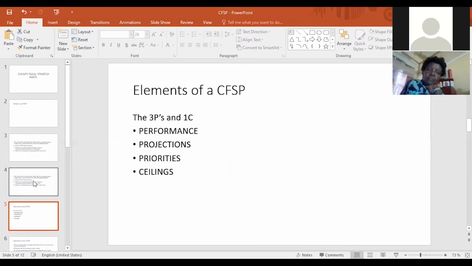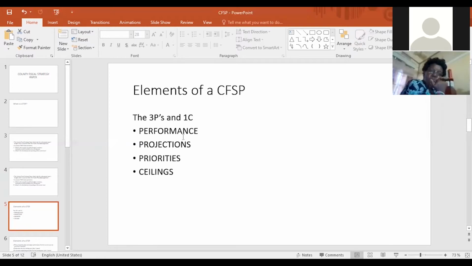So there are elements of a county fiscal strategy paper. These are things that the county fiscal strategy paper should have. They are called the 3 Ps and 1 C. So it should highlight performance, so that we can know how the county performed in the previous year, and how that performance will inform the coming year's monetary allocation.